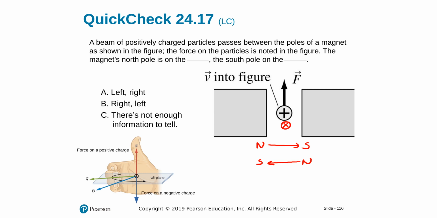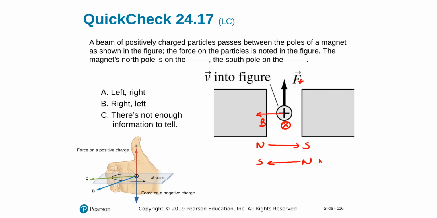And as you do the rolling, your thumb should be up because the force is given as up. And if you do that, you will see that you have to be rotating your arm to roll your fingers to the left, so you will be able to have your thumb up. That means the magnetic field is to the left.